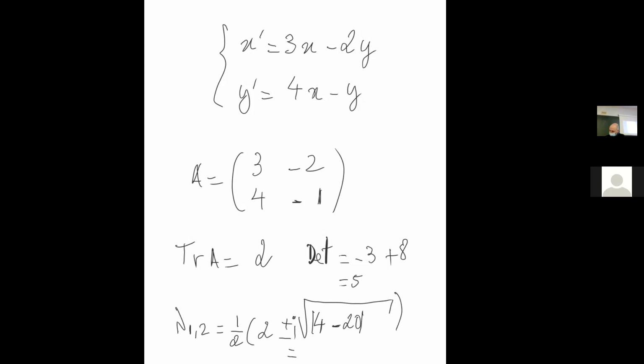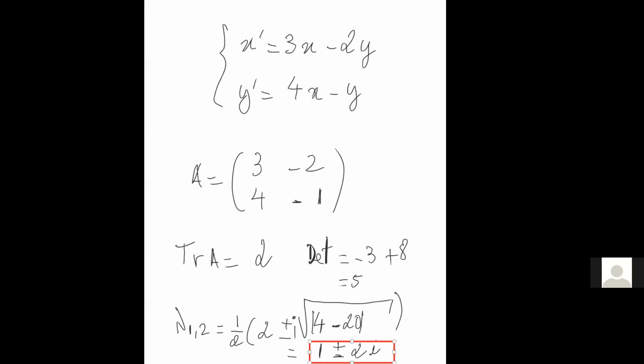This gives 1 plus or minus 2i. All right, so we will call lambda equals 1 minus 2i. This will be our lambda.